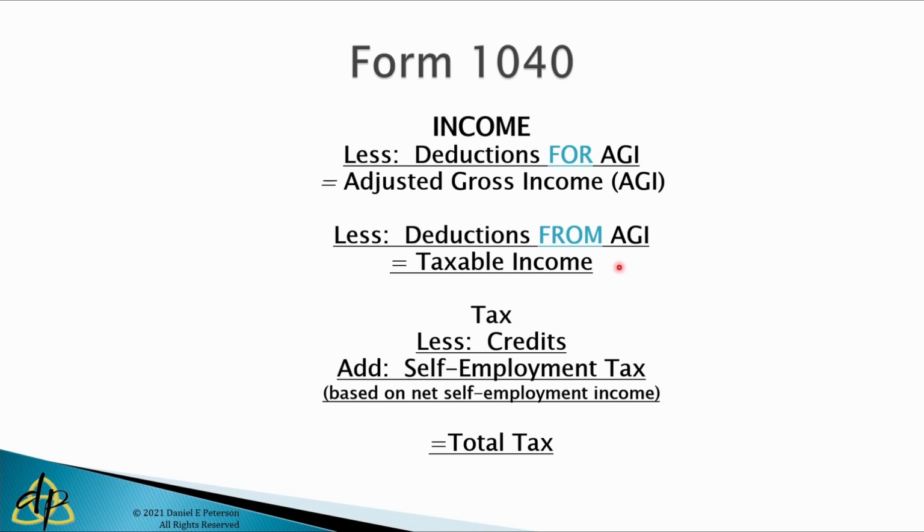The piece I need to make sure I land in your brain is that many of those deductions are not deductible for your net self-employment income as a sole proprietor, as a partner, and as an S corporation shareholder. So you don't get to deduct those for net self-employment income purposes. We'll go over that in a little bit more detail, but make sure you hold on to that concept.